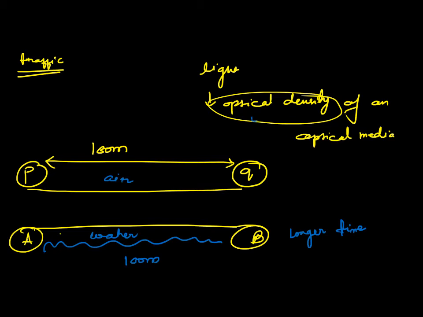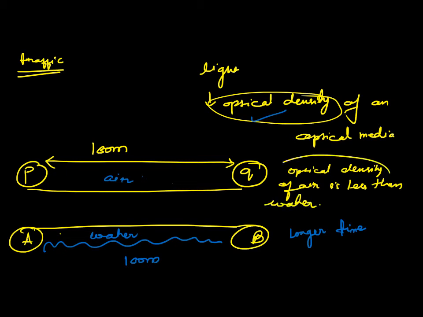Now, what to do with the optical density here? Here, the optical density of air is less as compared to water. Therefore it is known as less dense, or you may say it to be rarer. Let me just write it this way: optical density of air is less than water.